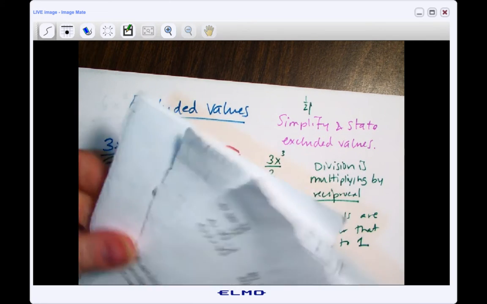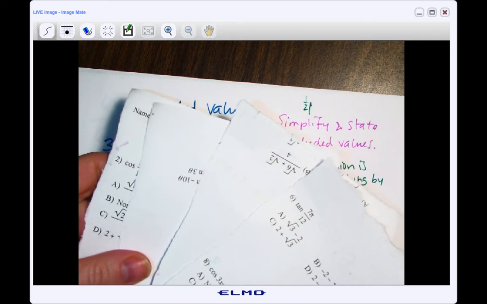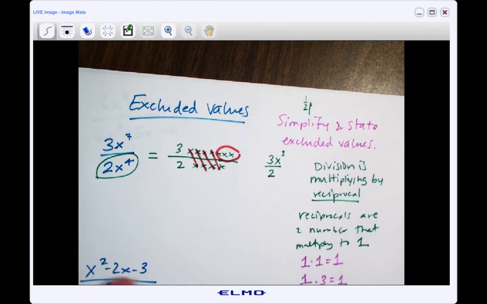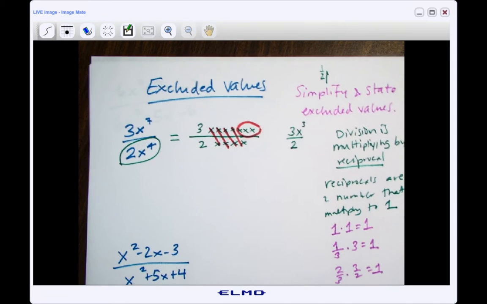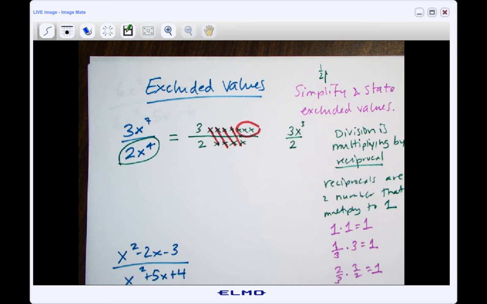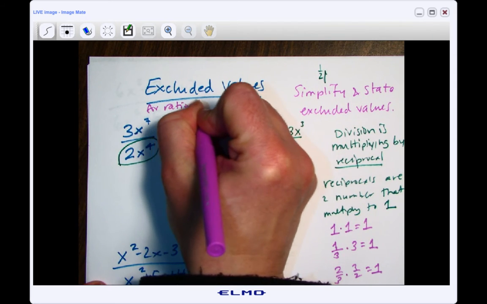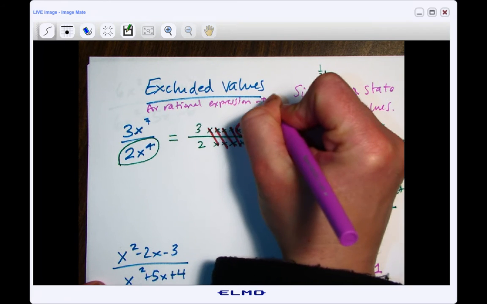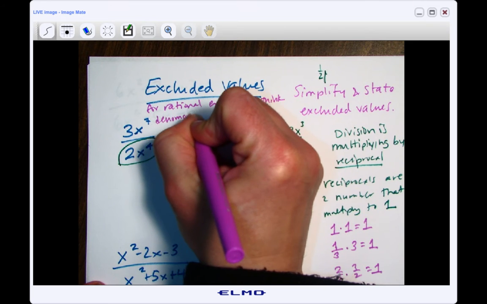But is it ever possible to cut it into 0 pieces? So even if you think about it with your second grade kind of understanding of division, dividing by 0 doesn't make any sense. So excluded values are basically, for these rational expressions, think denominator can't be 0.